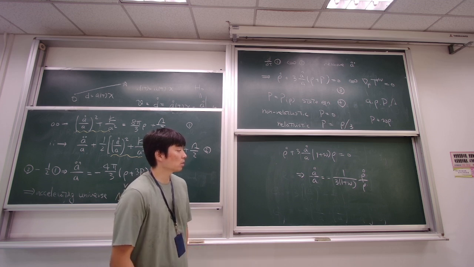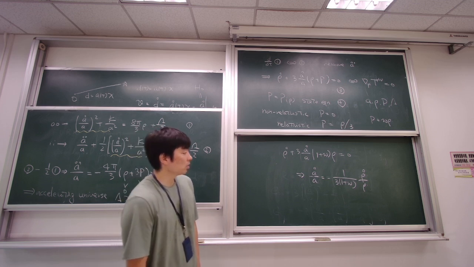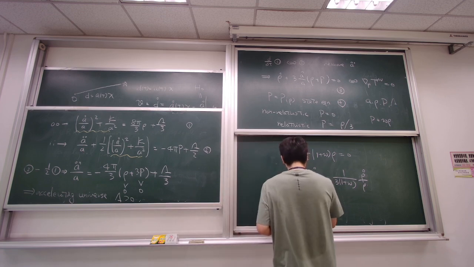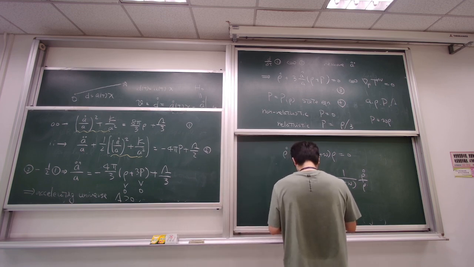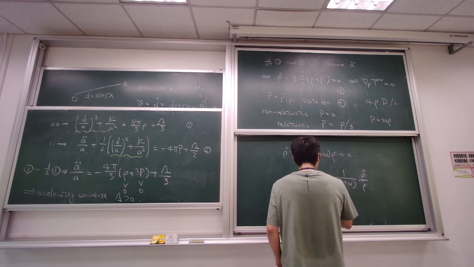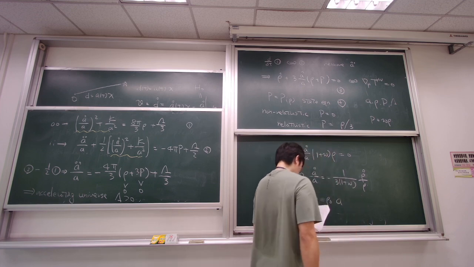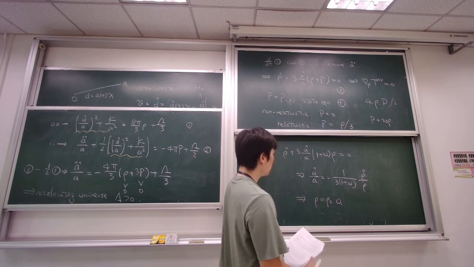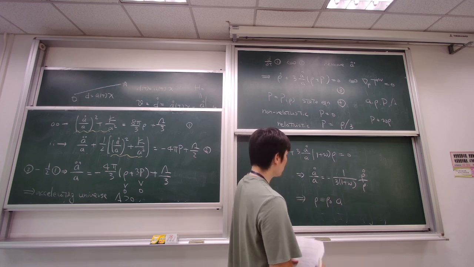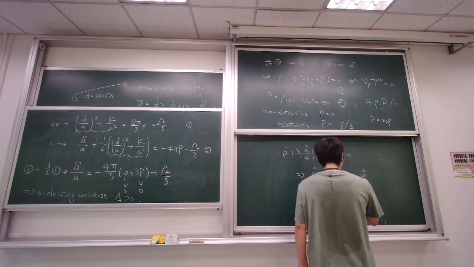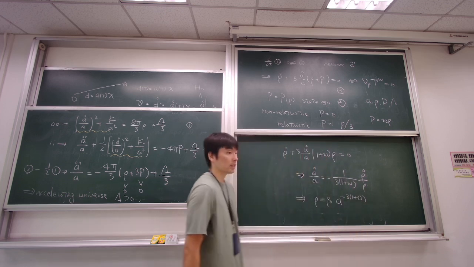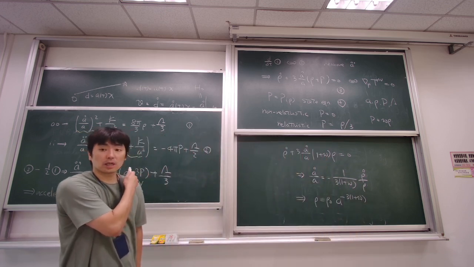And you can solve the equation of motion for a and rho. For instance, rho is equal to rho 0 times a to some power, I think it should be minus 3 times 1 plus w. That's the solution.